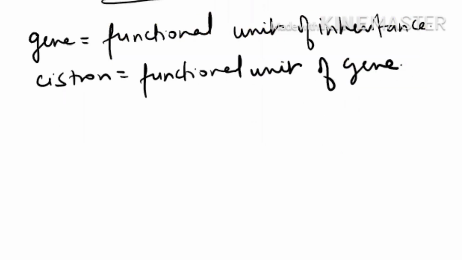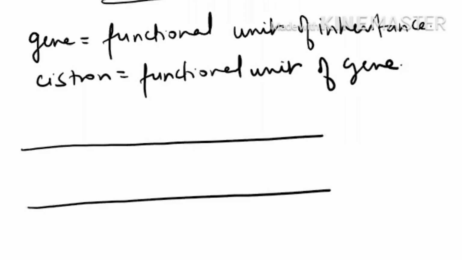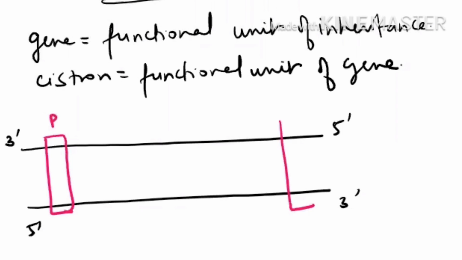Now if you remember, in the transcription unit we have drawn this diagram. This was 3 dash and this was 5 dash. Then here 3 dash and there 5 dash. And this was your promoter area. And the end was terminator area, and in between that a structural gene was present.